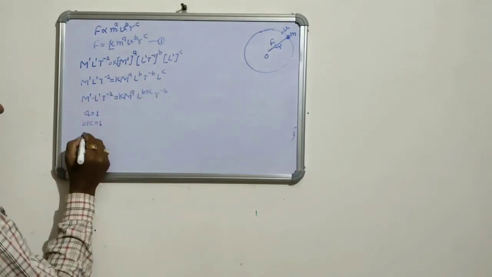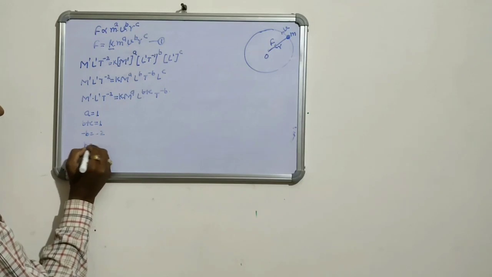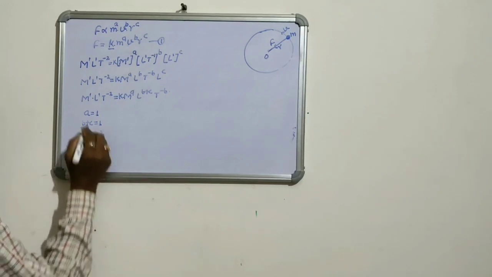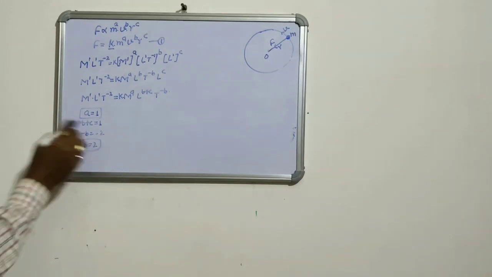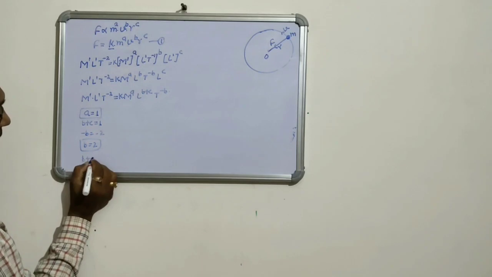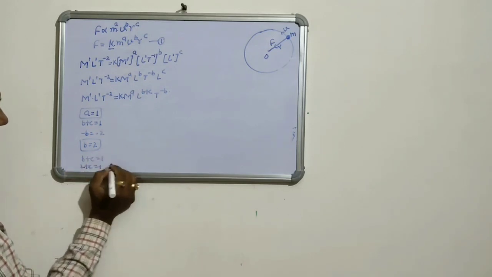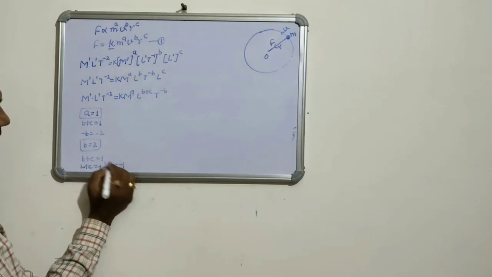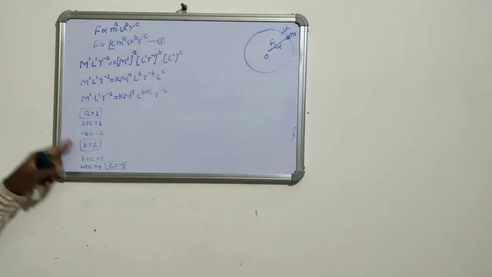And for T, minus b equals minus 2, so b equals 2. Now we have a equals 1 and b equals 2. From b plus c equals 1, 2 plus c equals 1, so c equals minus 1. Now putting the values of a, b and c in equation number 1.